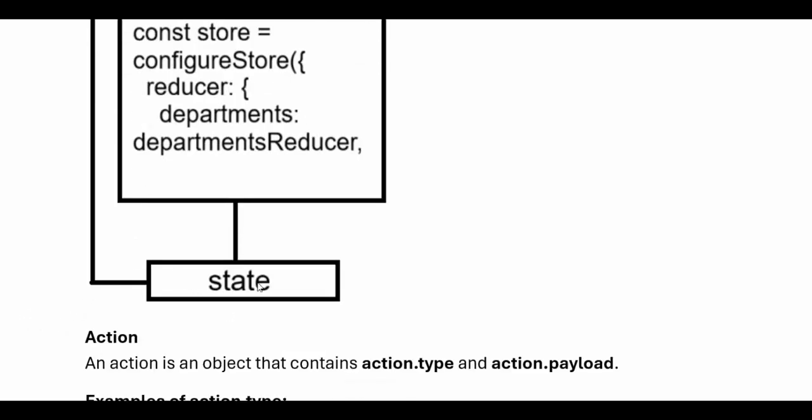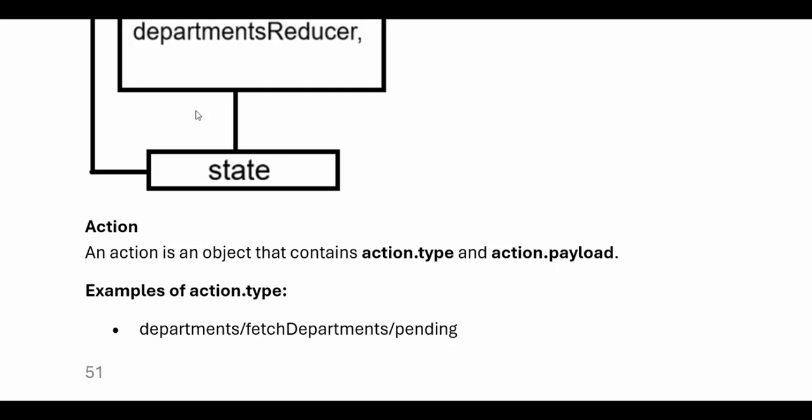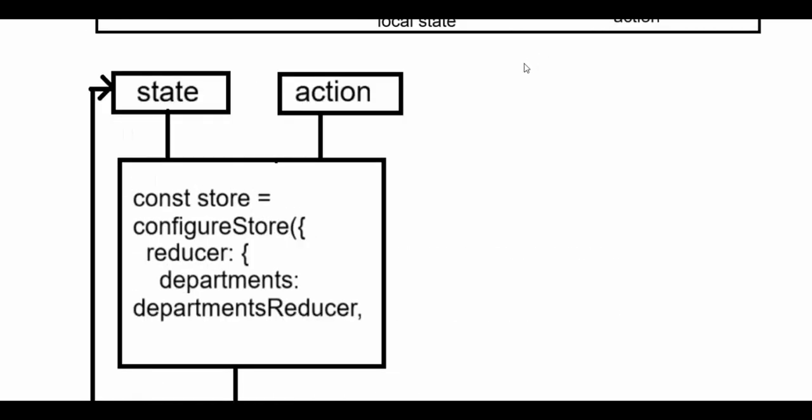The output is new state. That new state again goes into the input like a copy. It is an immutable way of mutation, where the copy, not the original, is changed in some interaction with the action.